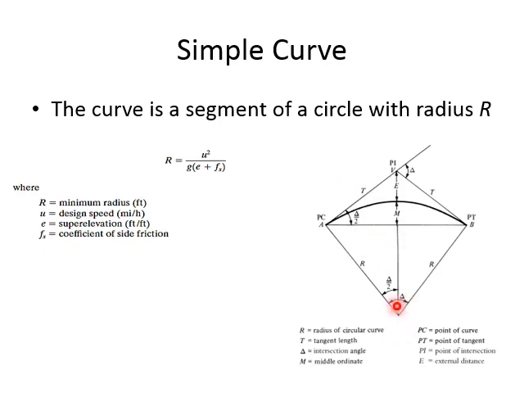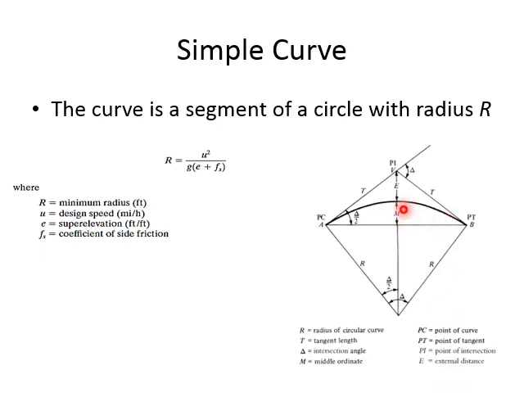And if you take the angle which is made by the curve from start to end, it will also be delta. And if you take the angle to the middle of the curve, it will be delta by 2. Then we have these two distances E and M, which are taken from PI. From PI, the distance to the middle of the curve we call E, or external distance.